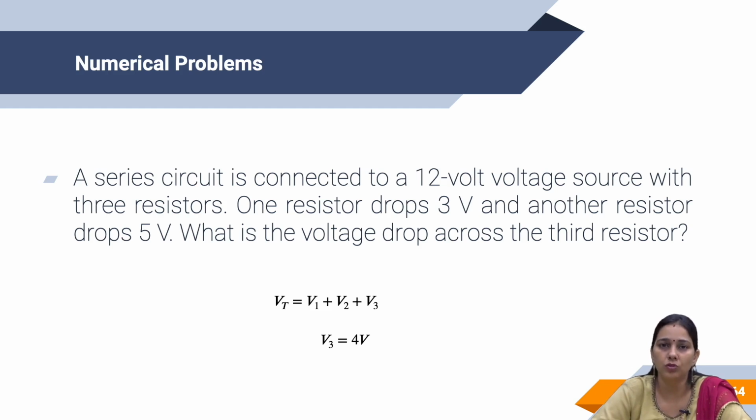The voltage drop across one resistance is 3 volts, the second is 5 volts, and we have to identify the voltage across the third. According to KVL, 12 minus 3 minus 5 minus E3 equals 0. From this, we can easily identify the voltage drop across the third resistance, that is 12 minus 8, which is equal to 4 volts. So the answer is that the voltage drop across the third resistance is 4 volts.